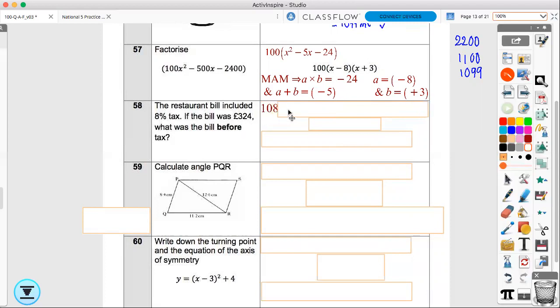So you just say that 108% is 324, because you've paid 100% plus added 8% tax on it. Okay. So if I want to find what 100% was to start with, I need to find what 1% is. So you just do 324 divided by 108.